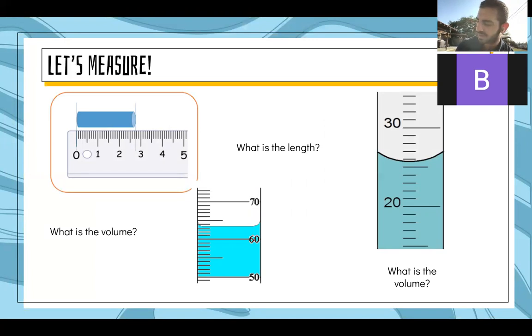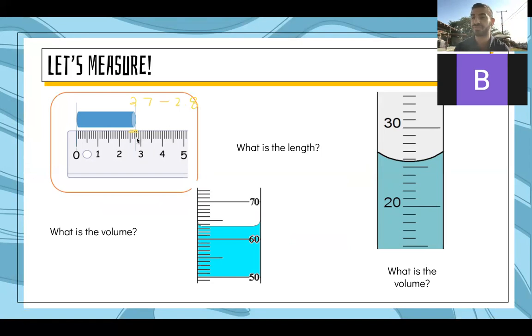So if we look here, we can see that this is somewhere between, I can't see on my iPad, this is somewhere between 2.7 and 2.8. So now we have to deal with this uncertainty.